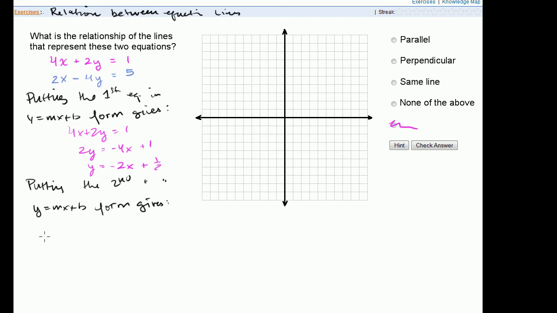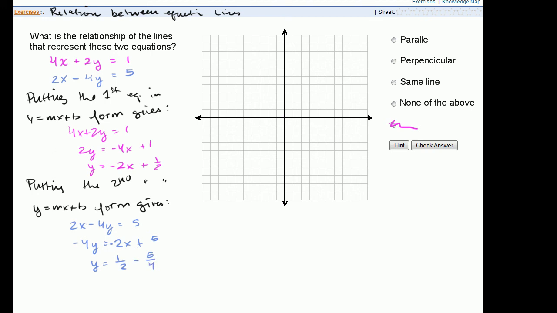In the second equation, you have 2x minus 4y is equal to 5. You have negative 4y is equal to negative 2x plus 5. Y is equal to 1/2 x minus 5 over 4.